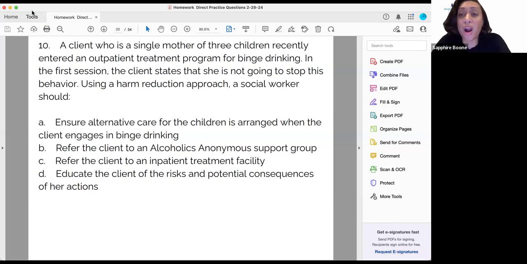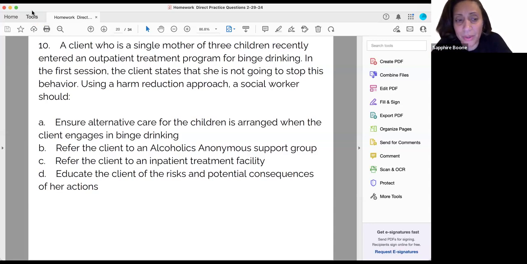Okay, remember with harm reduction, we want to think about the answer that supports non-abstinence, basically. So B is out, C is out, because both of those options, you need to be abstinent from, in this case, alcohol.